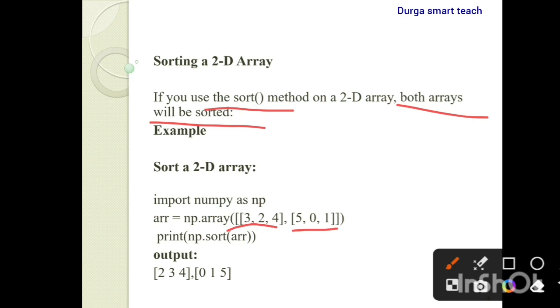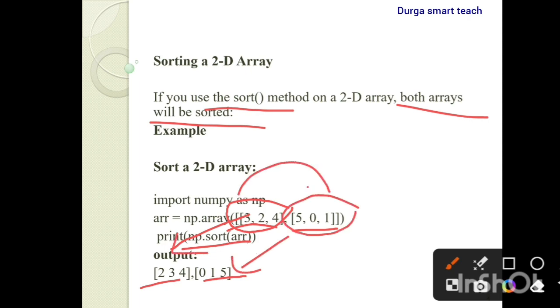I want to sort these elements. You will get 2 3 4 and next 0 1 2. This particular array is sorted and this particular array is sorted. The two together are not sorted as a whole, like 0 1 2 3 4 5.